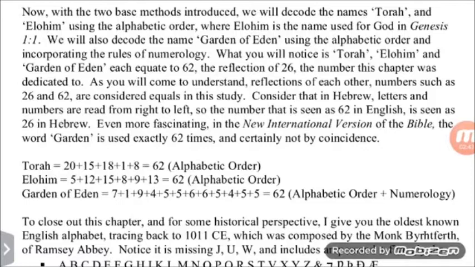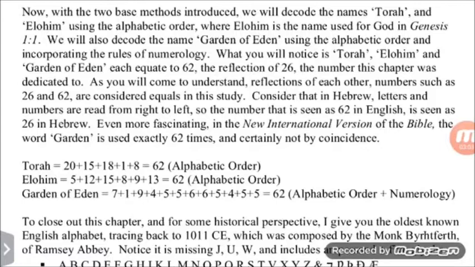As you will come to understand, reflections of each other, numbers as 26 and 62 are considered equals in this study. Consider that in Hebrew, letters and numbers are read from right to left, so the number that is seen as 62 in English is seen as 26 in Hebrew.